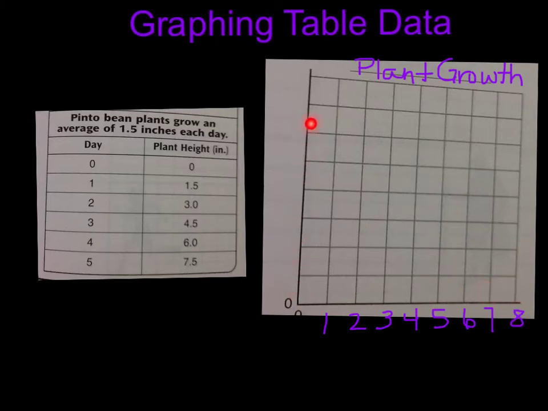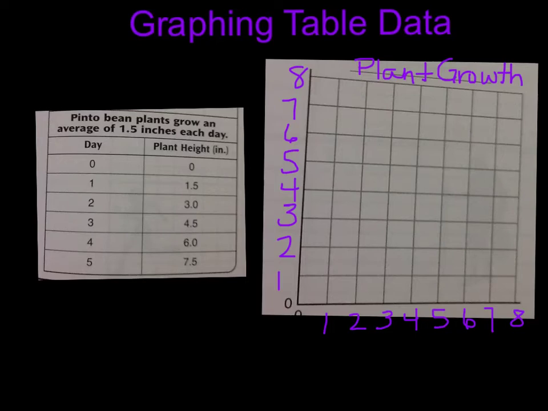Next, on the y-axis, I think I am also going to count by ones because no number in the plant height side of my chart, which is going to go on the y-axis, is above 7.5. You will notice once again that I lined my numbers up directly next to the lines that they represent, so when I make my graph, I will know exactly where to put my dots.